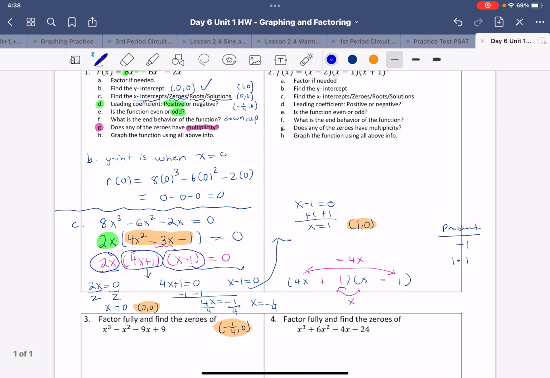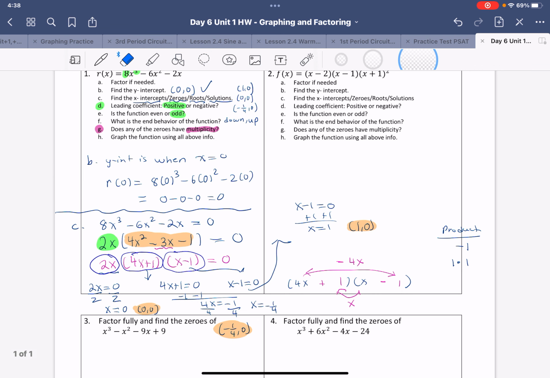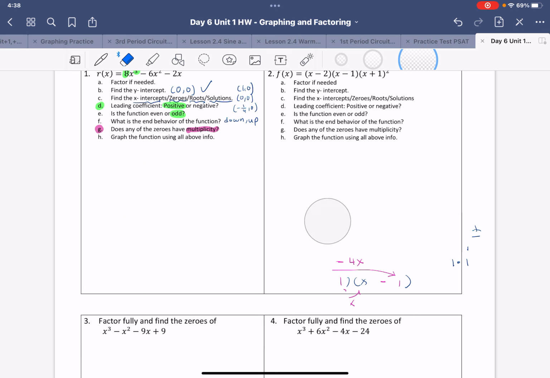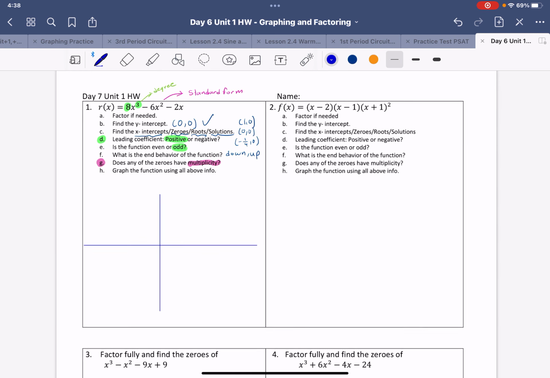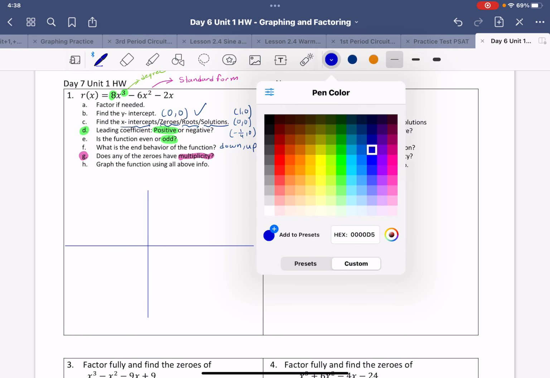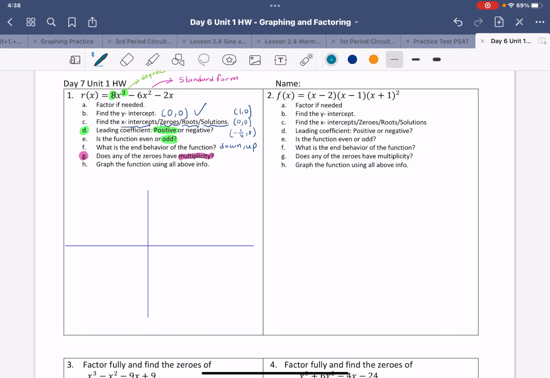So now we're ready to graph. So now I'm going to erase everything because we already labeled everything on the top. So when I make my graph, I have the y-intercept of 0, 0. I have an x-intercept of 1, 0.